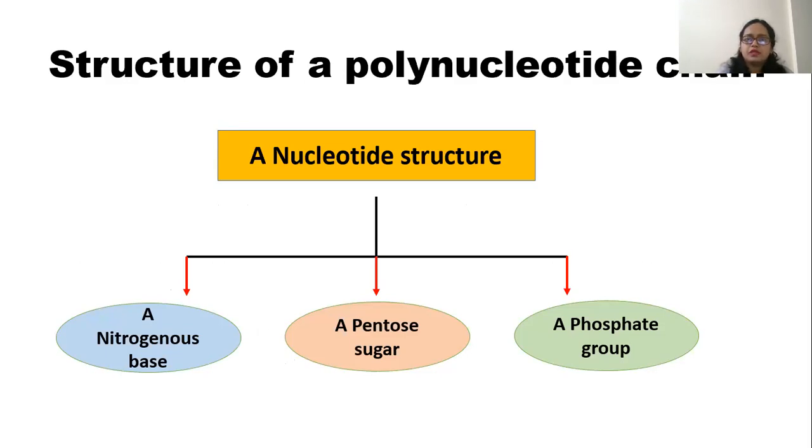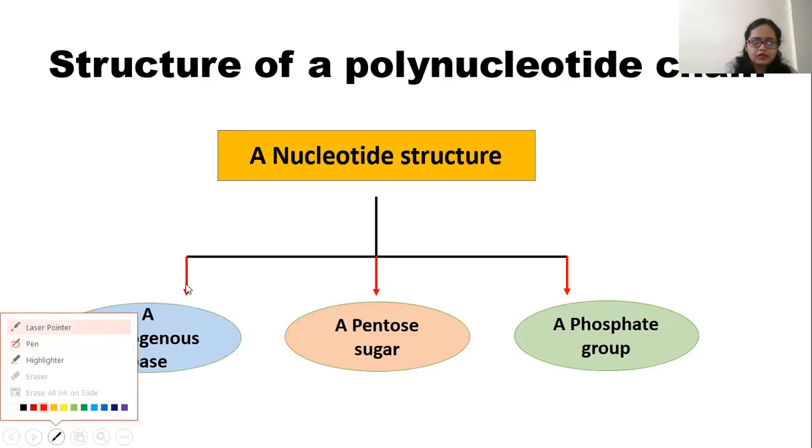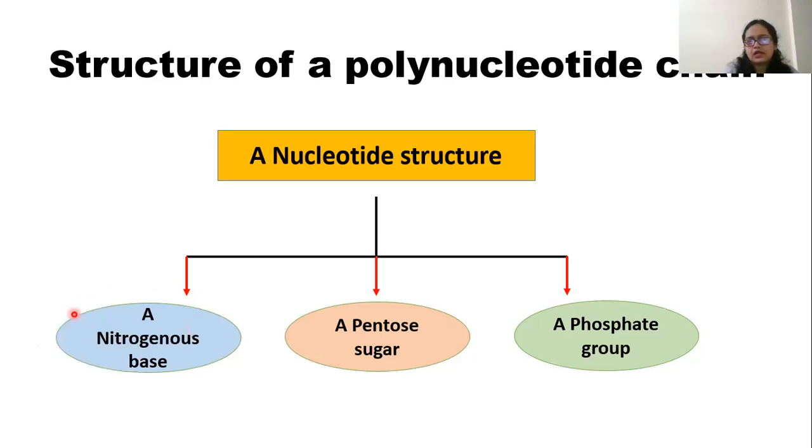When there are many nucleotides, then we can call it a polynucleotide. So what is a nucleotide structure? A nucleotide generally contains a nitrogenous base, a pentose sugar, and a phosphate group. So these are the three basic units in the formation of a nucleotide.